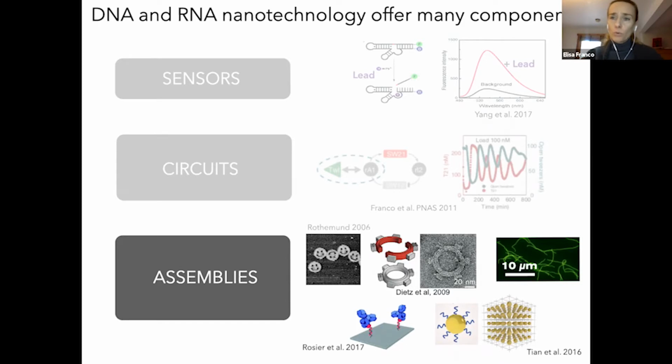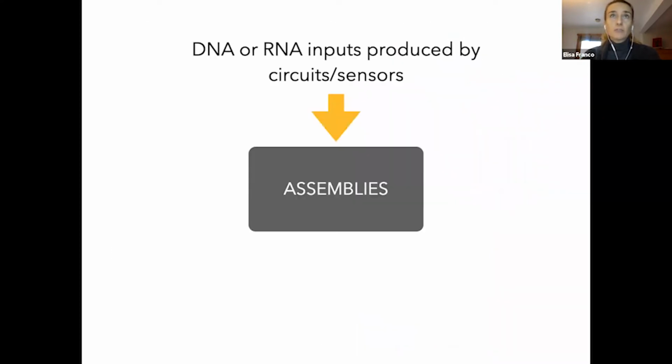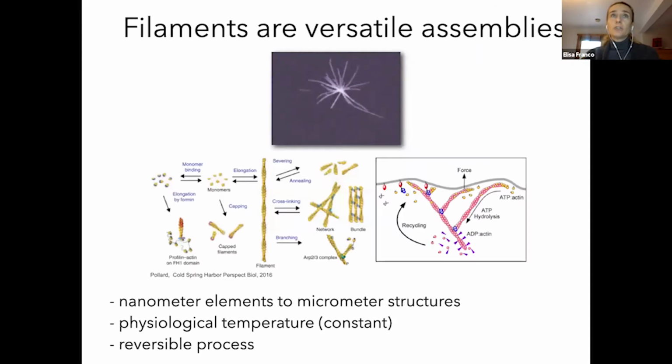But because our interest is in dynamic materials, okay, materials that like cytoskeletal filaments can assemble and disassemble, we wanted to focus on a particular class of assemblies where you can use nucleic acid inputs to determine how that assembly behaves. And we really focus on filaments that are basically an artificial version of actin and microtubules.